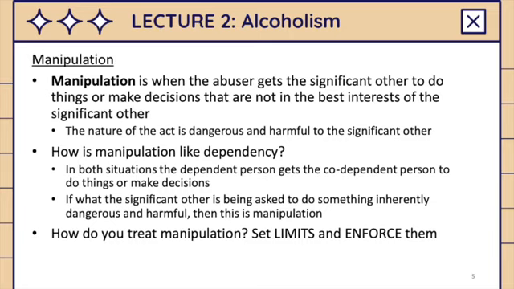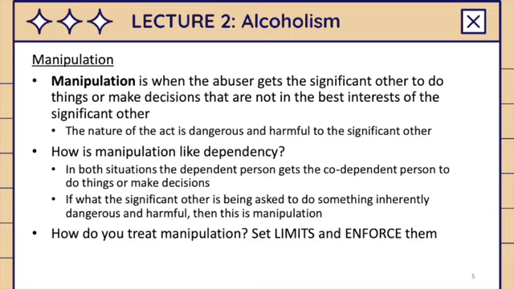So how is this like dependency? How is manipulation like dependency? Yeah, in both situations, the abuser is getting the other person to do something for them. Then how in the world do you tell the difference between those two things? Well, neutral versus negative.